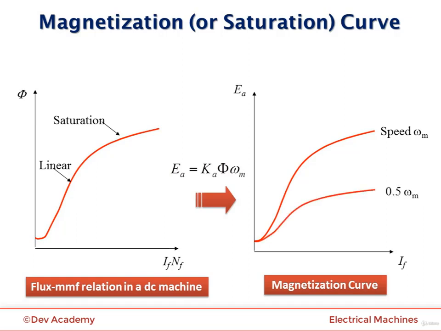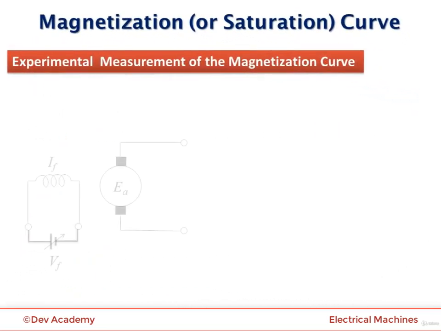Since the back EMF is also a function of the speed, if the speed changes, the magnetization curve changes also. Therefore, for each speed, we can obtain a different magnetization curve. The magnetization curve can be obtained experimentally by rotating the DC machine at a given speed and measuring the open circuit armature terminal voltage as the current in the field winding is changed.